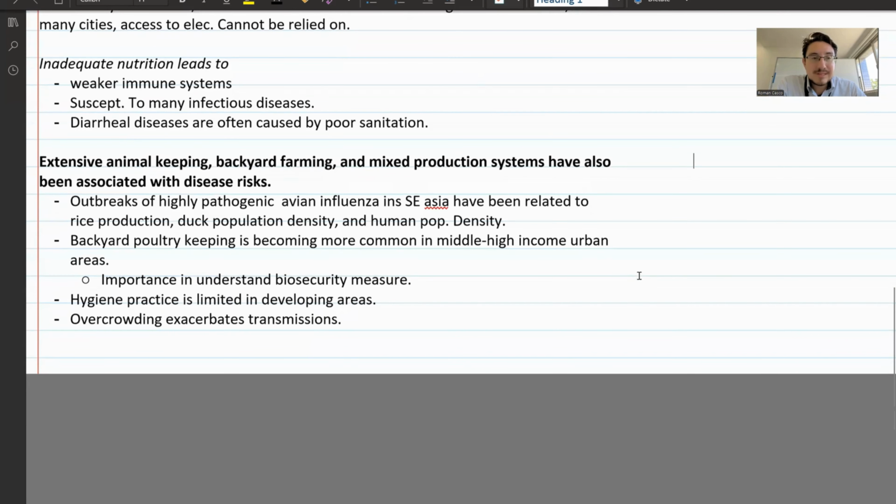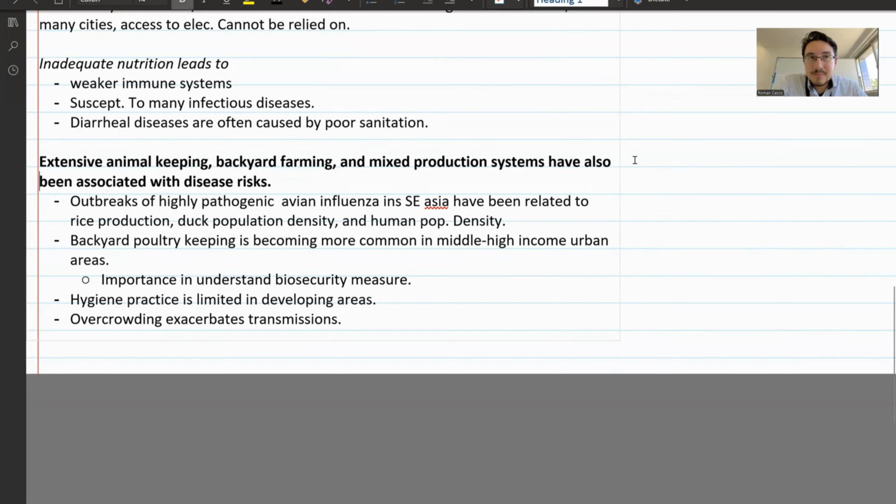Aside from that, poor living conditions. This one's quite an interesting one because I've seen this around in some neighborhoods in Japan. Extensive animal keeping, backyard farming, and mixed production systems have also been associated with disease risks. Some people in their household tend to have farm animals.